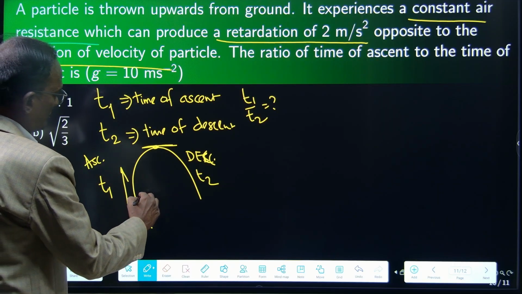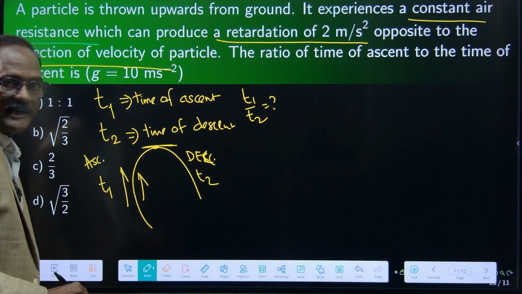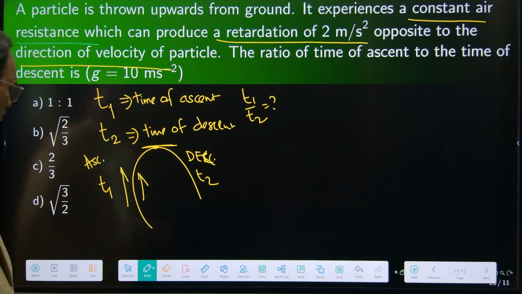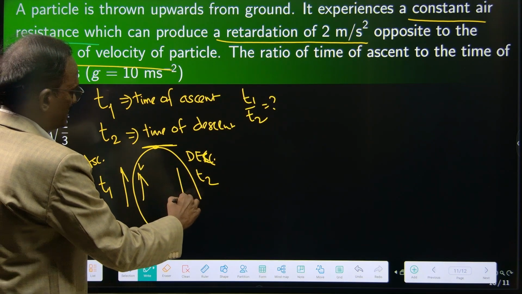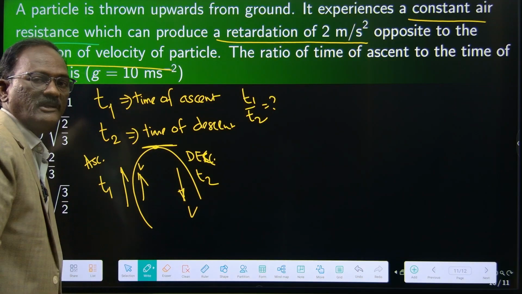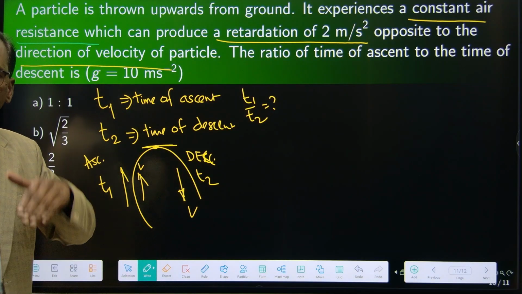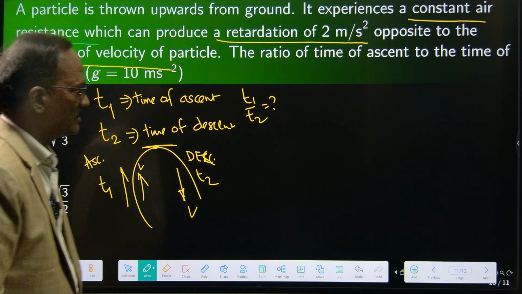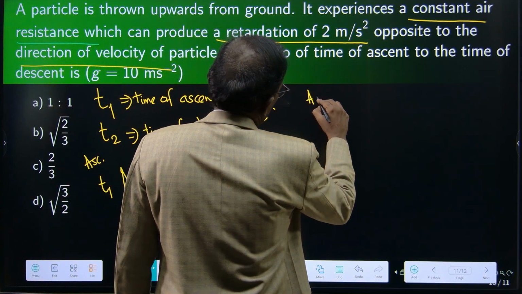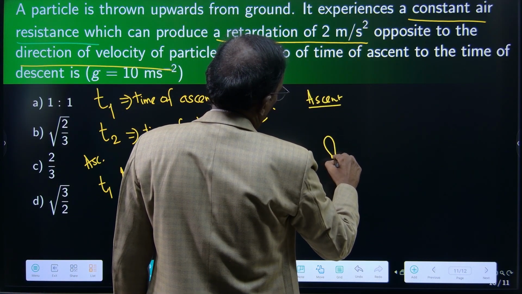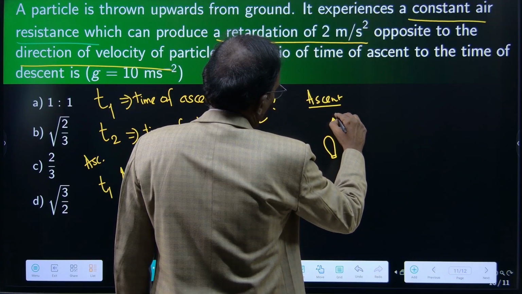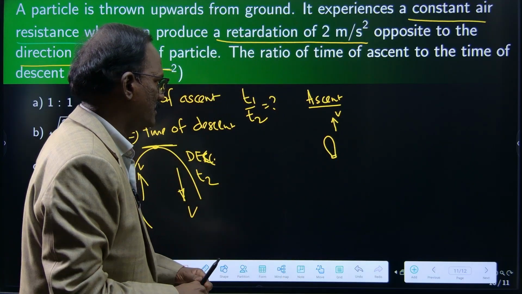Now the balloon is going up. This is the direction of the balloon, so velocity will be upwards. Here it is descent, the balloon is coming down, so the direction of velocity is downwards, right? So for ascent, this is our balloon going up, the direction of v.